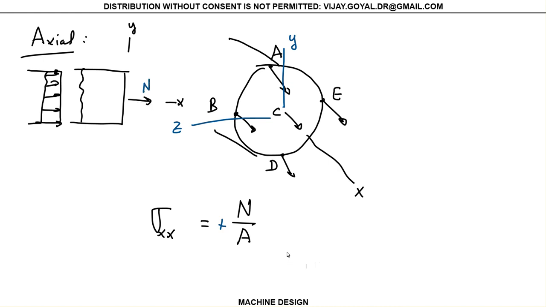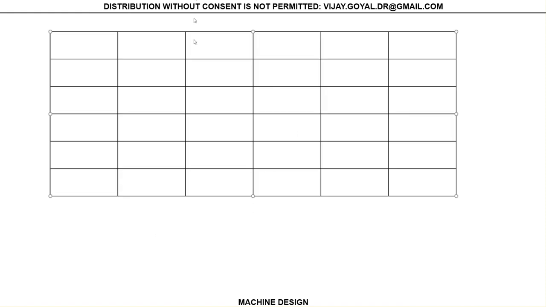So for all my points, let's make a table with points A, B, C, D, and E. My sigma XX picks up my axial load, so let's call this axial.